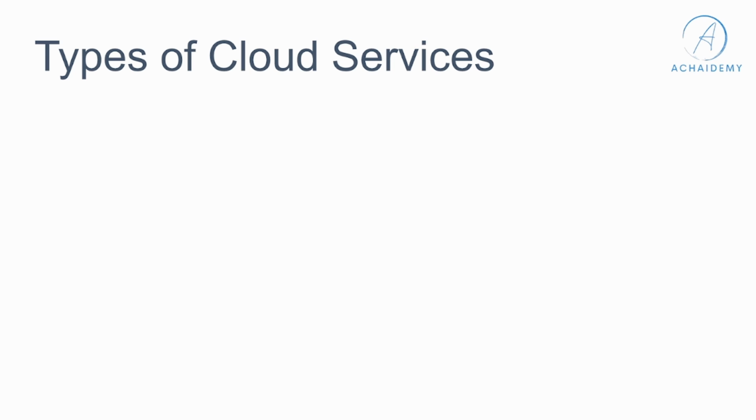Now, coming to the types of cloud services. We looked into public, private, hybrid, and even government cloud. But now, when we are going into the cloud, we need to understand what type of services we need depending on our application and the stage of our cloud adoption.